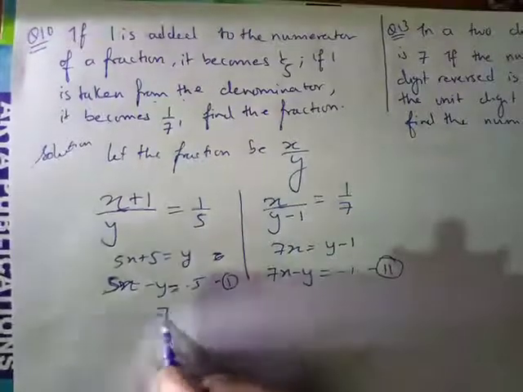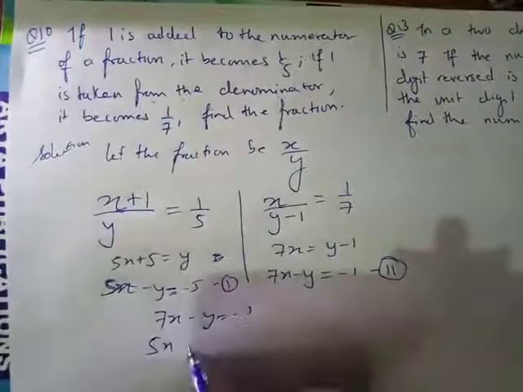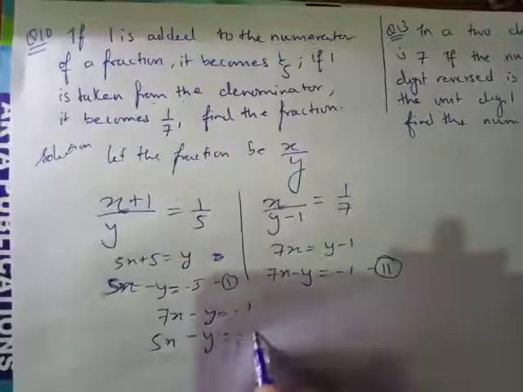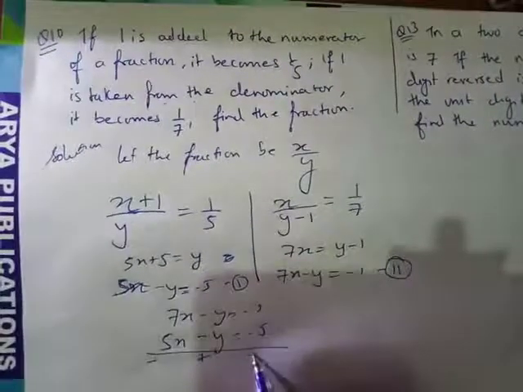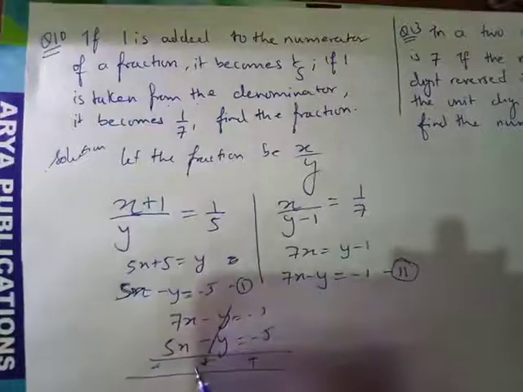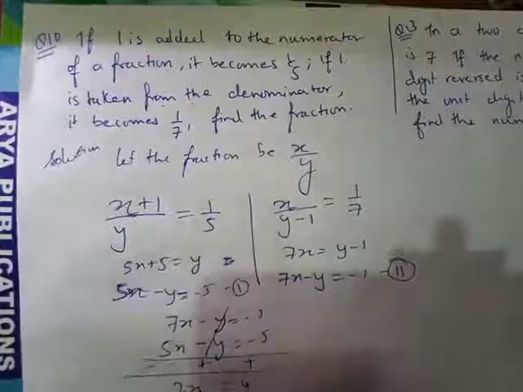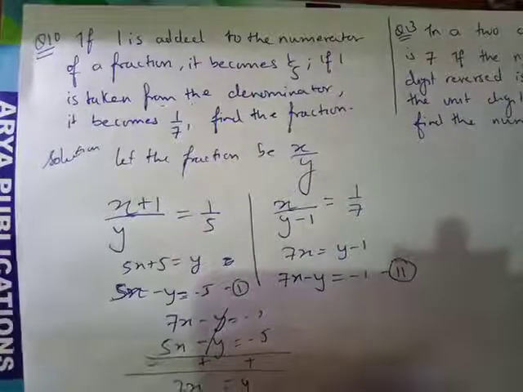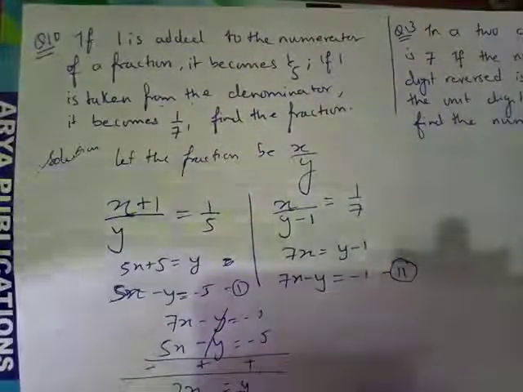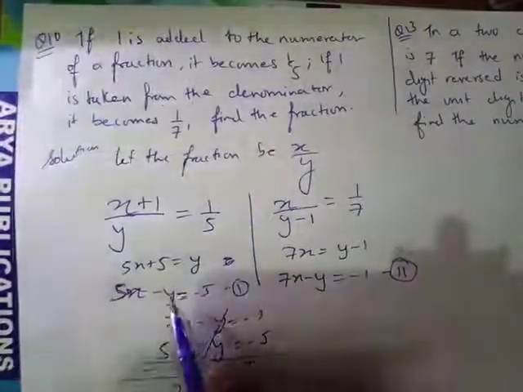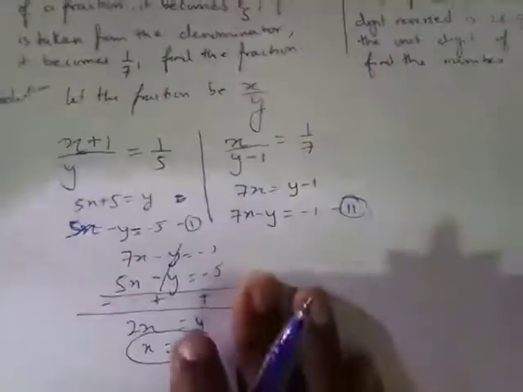So I'll take the bigger equation 7x minus y equals minus 1 and write the second equation 5x minus y equals minus 5 below it, and subtract. The minus becomes plus, and the y terms are going to get cancelled out. So 2x equals 4 and x equals 2. That's my answer. And if I have x equals 2, I'll get the value of y as well, by putting the x value in any one of the equations.